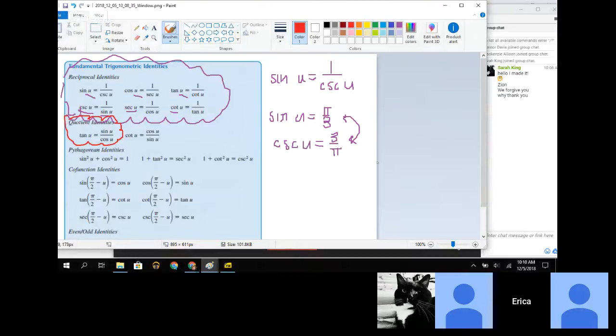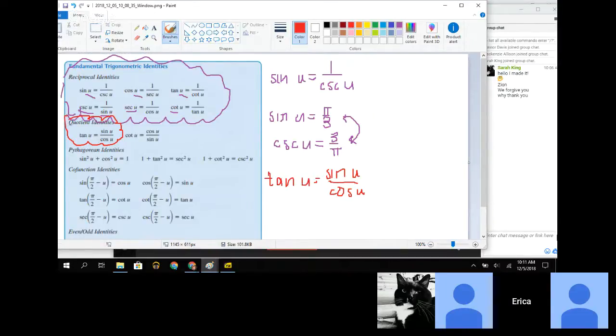So we have that the tangent of u equals the sine of u over the cosine of u. Okay, this one we can kind of derive pretty easily, right? Because if you think about your SOHCAHTOA, the sine is the opposite over the hypotenuse, and the cosine is the adjacent over the hypotenuse.